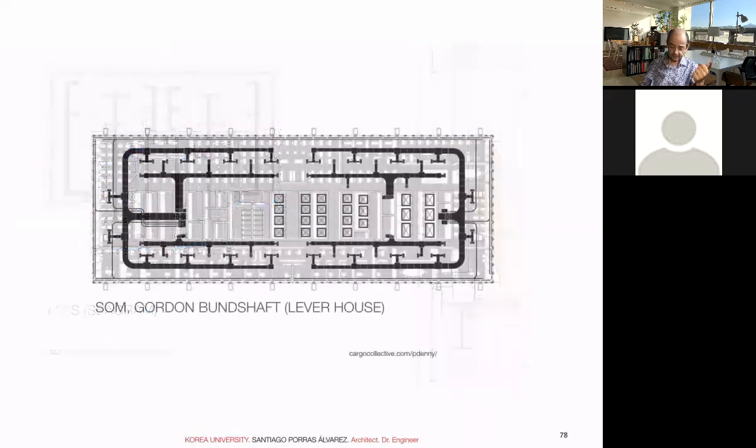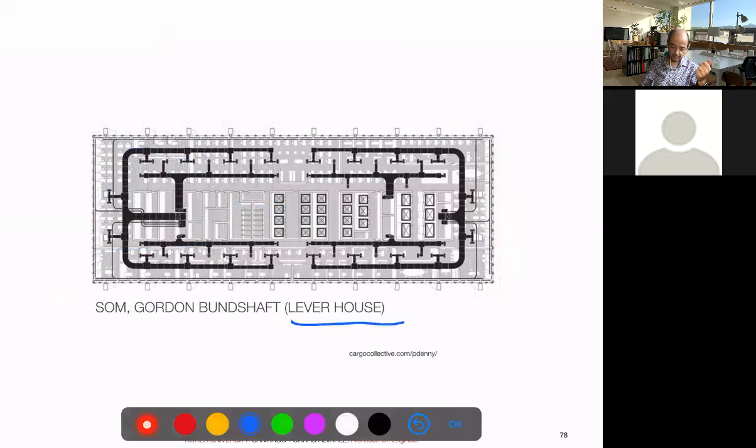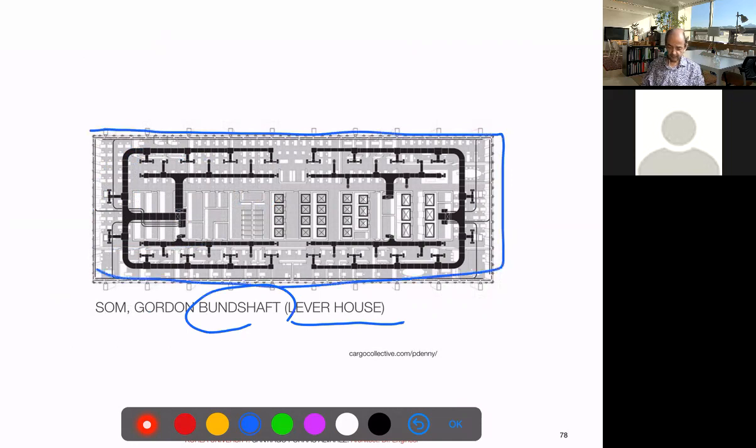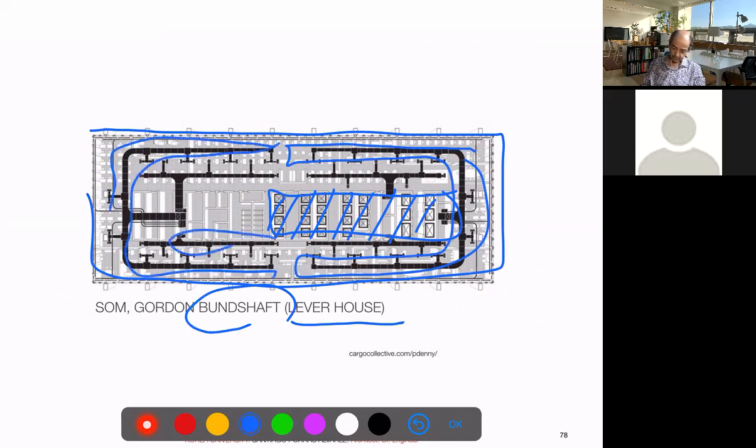Across the street, we have the Lever House, Gordon Bunshaft, maybe the best architect ever in SOM, in the golden age of SOM. This is a longer building, right, with a very also asymmetrical core. But again, you have maybe a more simplified system, but you have a set of impulsion systems on the sides near the facade, and then a return system on the other side.